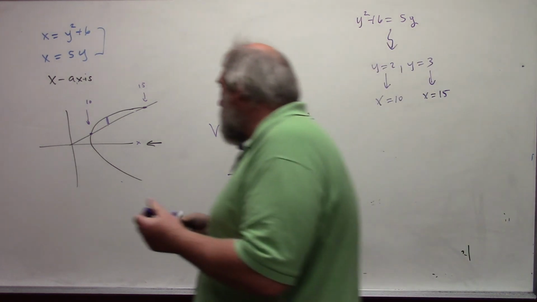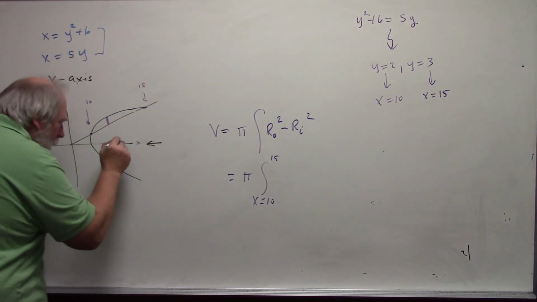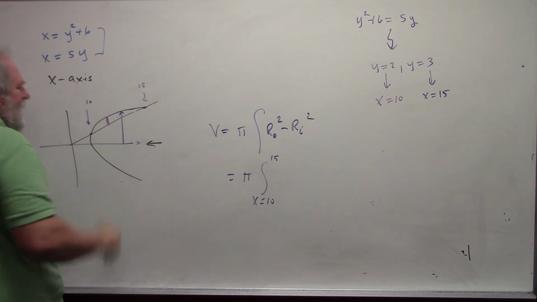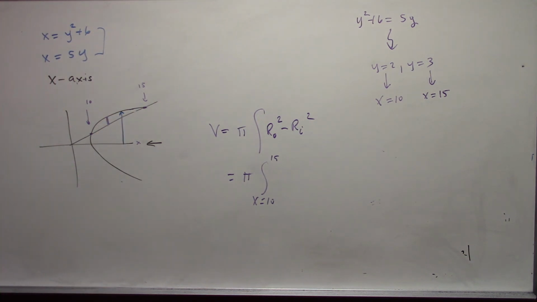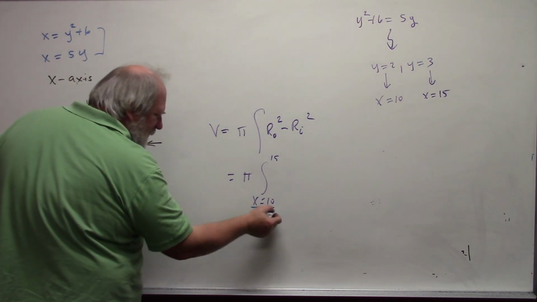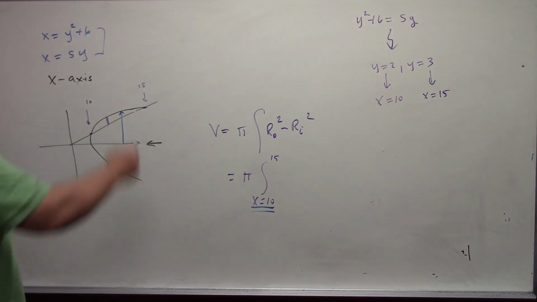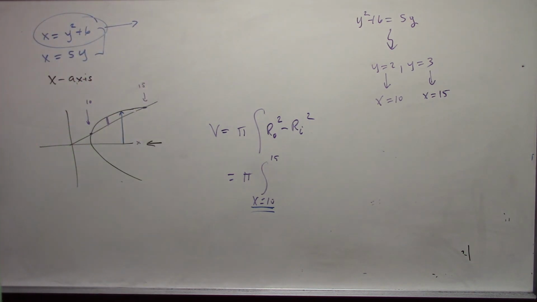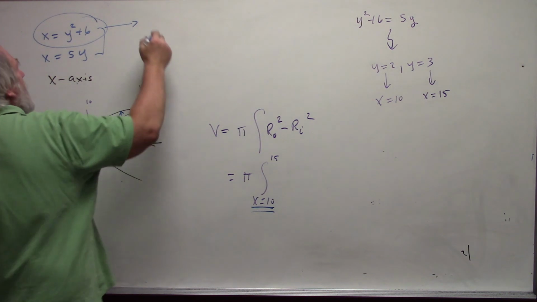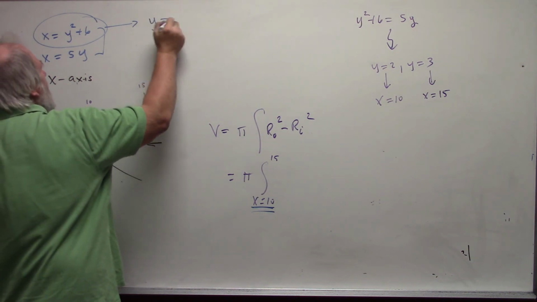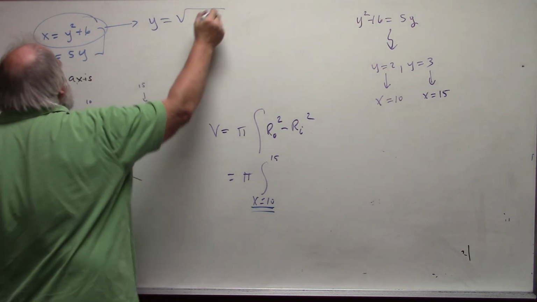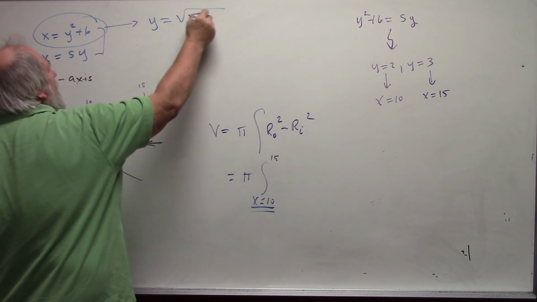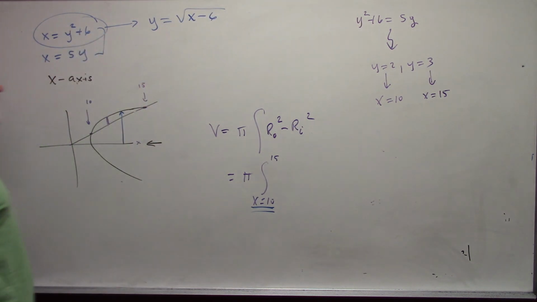My outside radius would be the distance to the outside curve, which is the parabola. However, we have to have the function in terms of x. And so I've got to rewrite this. So y is going to equal the square root of x minus 6. Subtract 6, take the square root.